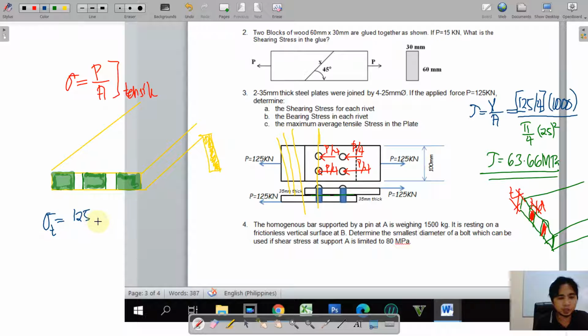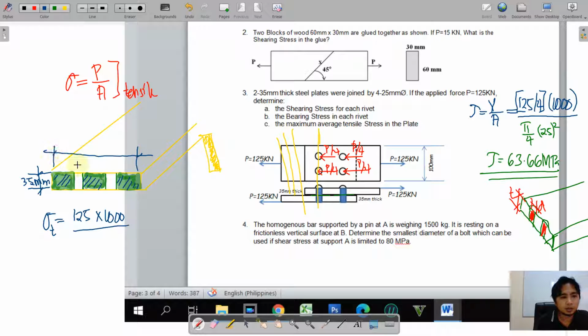We'll no longer divide it by 4 because again it is for the plate. We still have to multiply that by 1000 to make it in newtons. And then for the area, let us have the dimensions here. So we know that the thickness is equivalent to 35 millimeters. And we have also here the dimension.